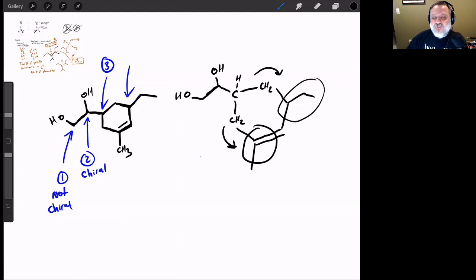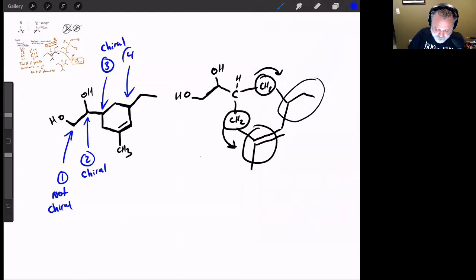And those two things aren't the same. In other words, around the ring, you do not get the same groups. Because you don't get the same groups, these two CH2s and the other groups that they're connected to are not the same. And since they're not the same, we would say that carbon number 3 is also chiral.